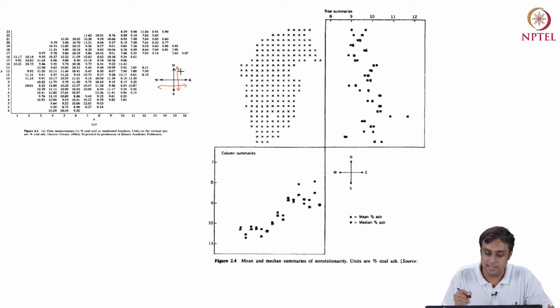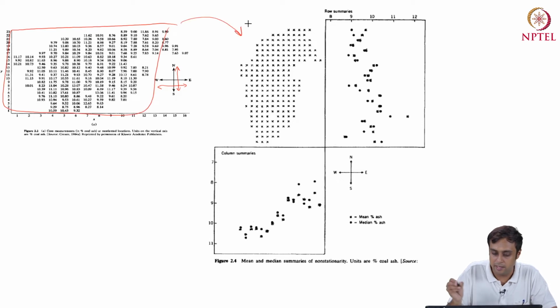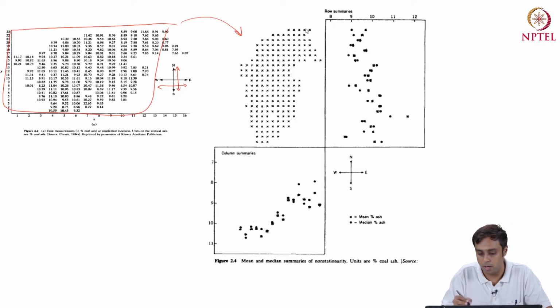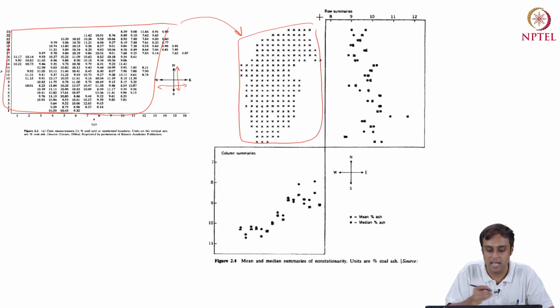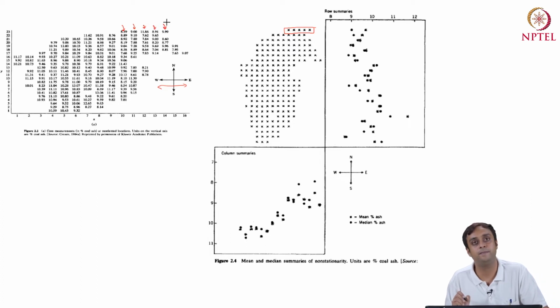So we look at the data. The way it's summarized is that I have my data, and it's laid out exactly the same way. What that really means is that the top row, which has 5 crosses, represents 8.59, 9.00, 11.86, 8.91 and 9.99, right?